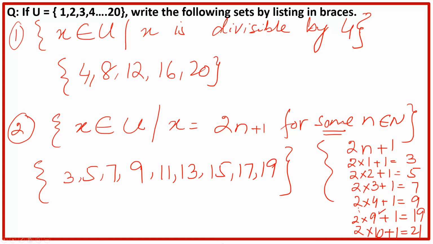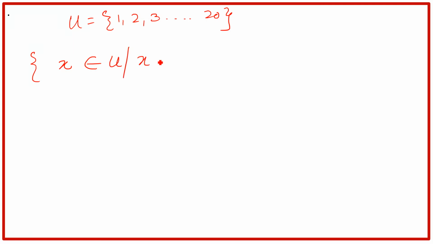Third, but keep in mind that U is from 1 to 20. I will write down here, U is equal to {1, 2, 3, up to 20}. If we have x belongs to U and x is equal to n square, n square, right?